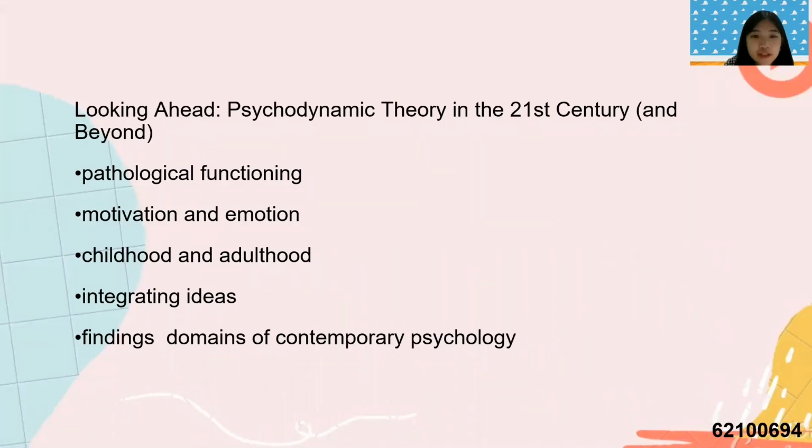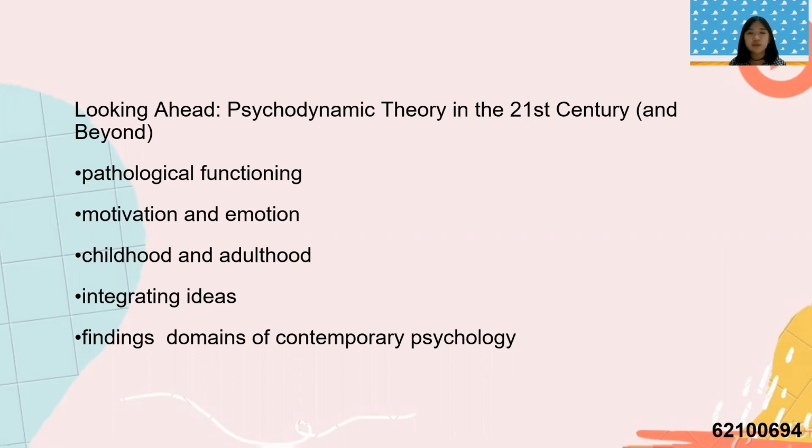Looking ahead: psychodynamic theory in the 21st century and beyond. Psychodynamic theory may be the closest thing we have to an overarching or encompassing theory in psychology.